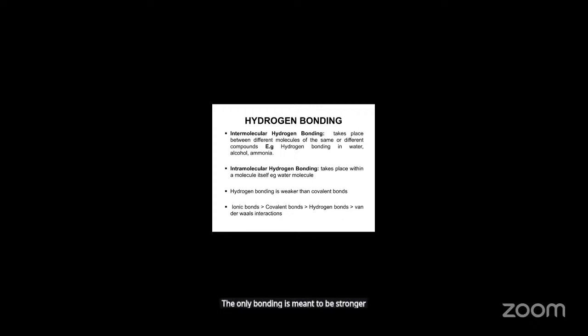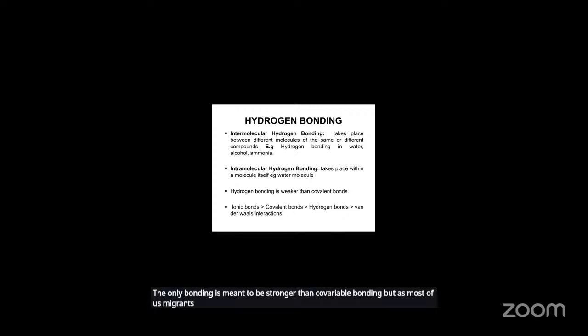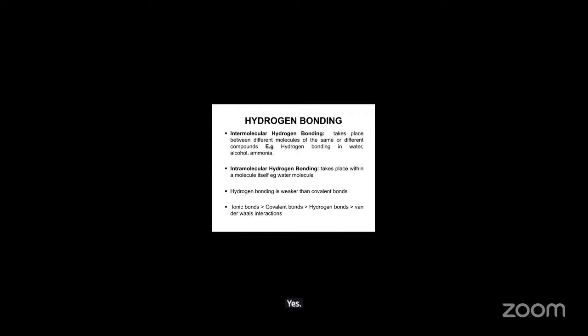But as most of us might well know, the hardest substance in the world is diamond, right? And diamond is made up of carbon covalent bonds. So is that not meant to be stronger?